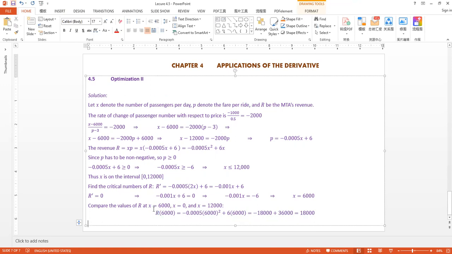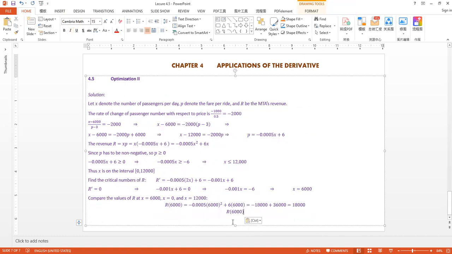Then we compute R of 0. This time is pretty straightforward. You just plug in 0 for x, so we got 0 everywhere.